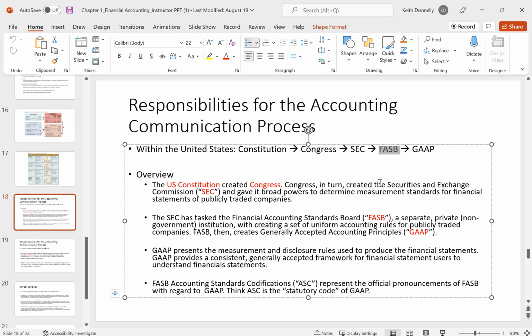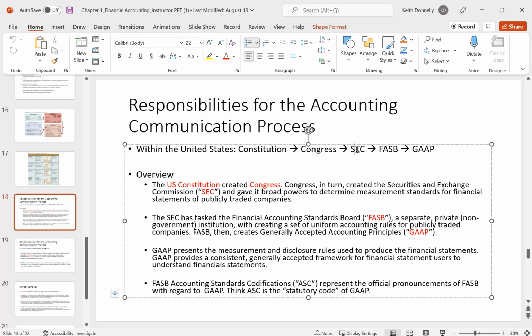If you were to backtrack from this, logistically, you have the Constitution, which creates Congress, which creates the Securities and Exchange Commission. The SEC is basically a government board oversight body that makes sure that publicly traded companies are fairly presenting their financial statements and investors aren't getting their money taken from them.